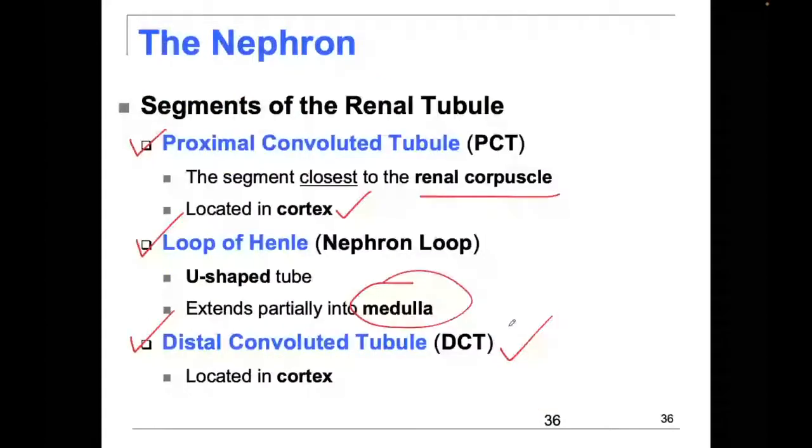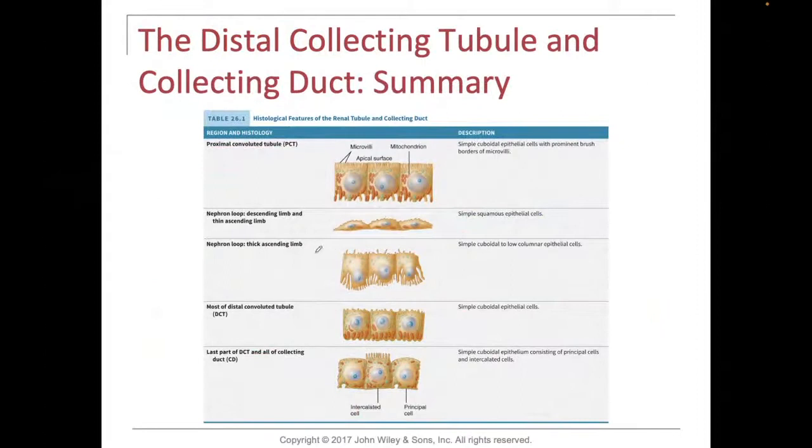Now, these proximal convoluted tubule, loop of Henle, distal convoluted tubule, you see the PCT, we see the nephron loop, we see the descending limb, we see the distal convoluted tubule here, we see the collecting ducts.